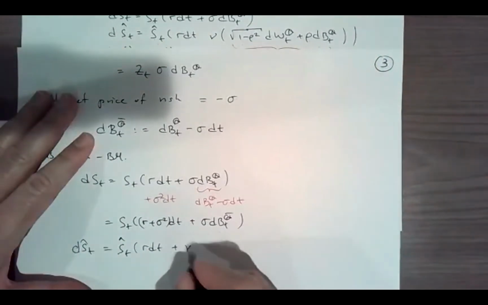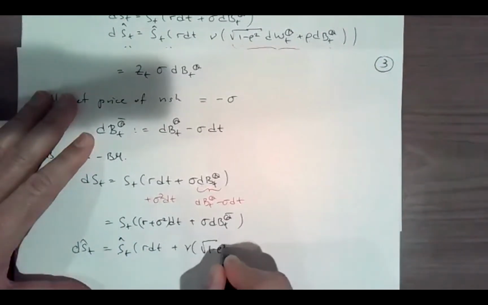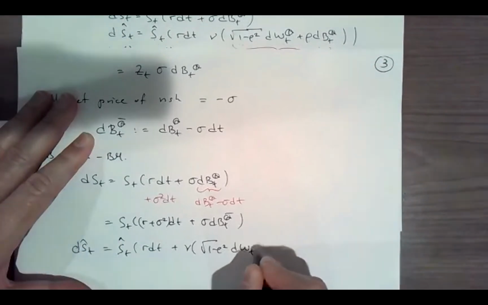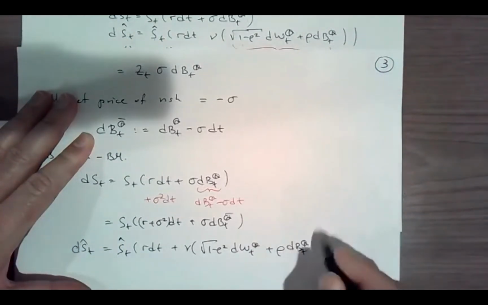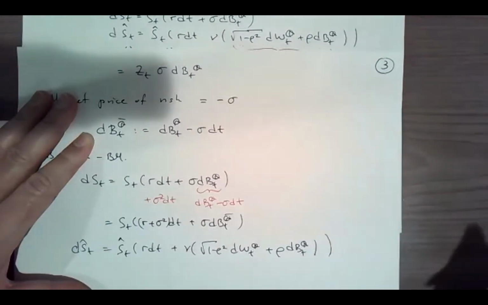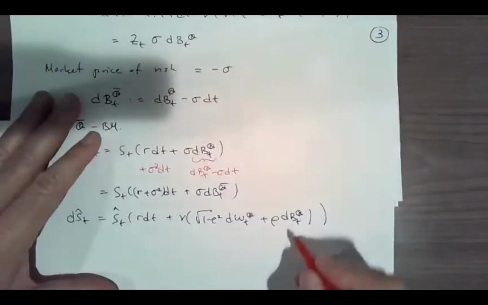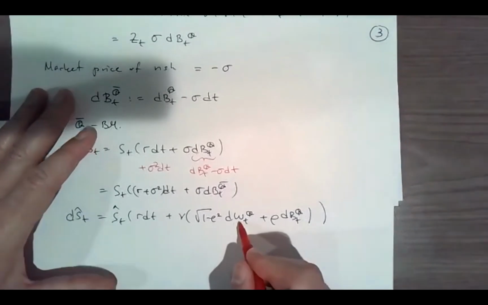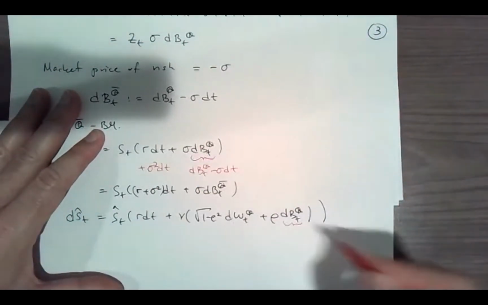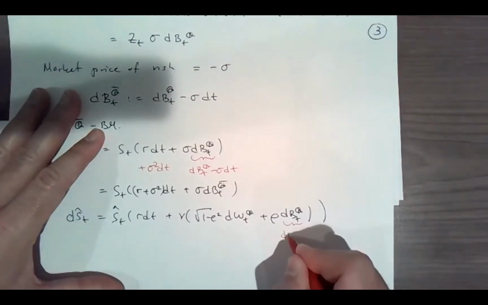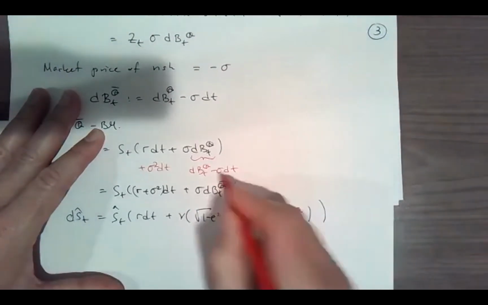It was a nu, and then it was root 1 minus rho squared dW plus rho dB. And it's the same game as before. W stays, there's no market price of risk on this change of measure for W, so it's only this one here. This needs to get corrected with minus sigma.